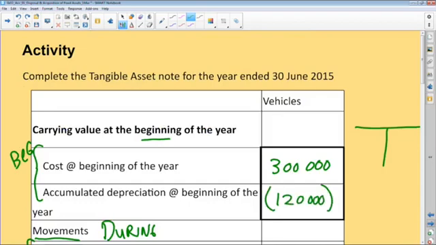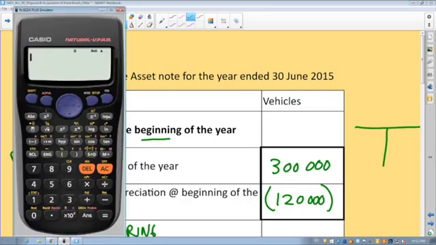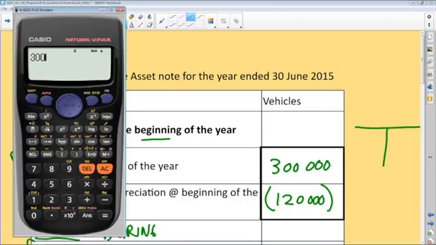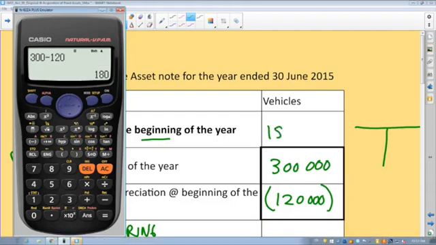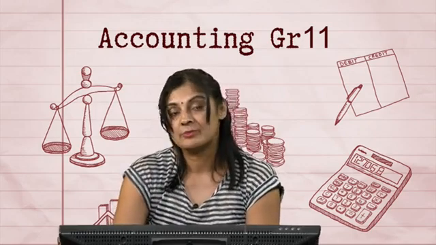Okay. Cost minus accumulated depreciation gives me my carrying value at the beginning of the year. So my carrying value, 300,000 minus 120. I'm just skipping the 3 zeros because it's not necessary. And that gives me 180,000.